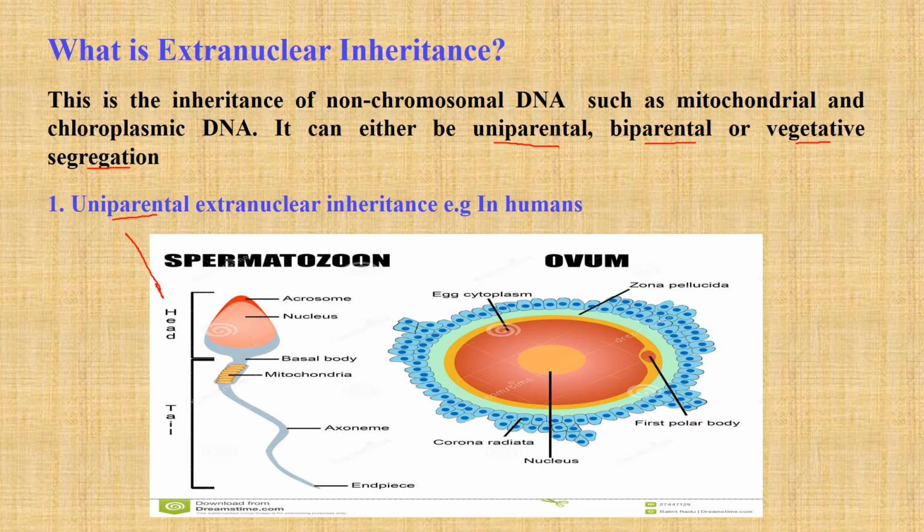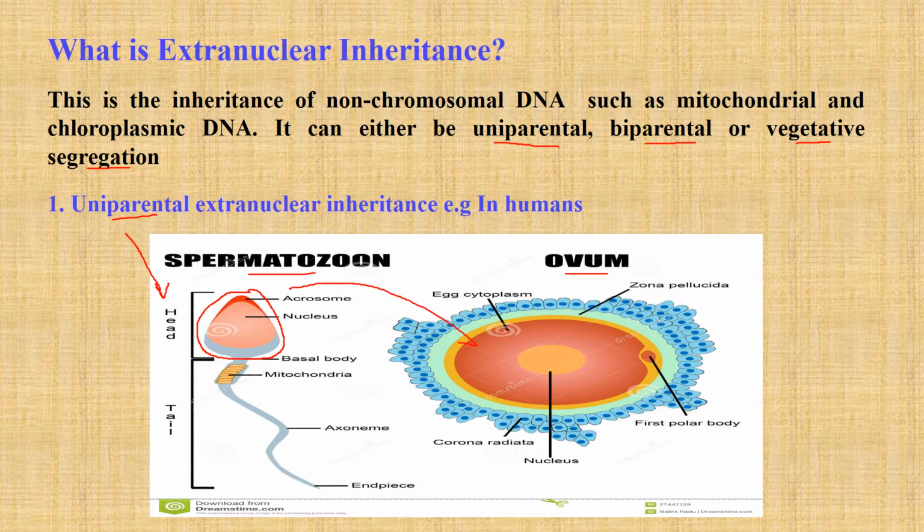This is in humans, we have fertilization. Here we have the spermatozoa or spermatozoon, and here we have the ovum. Now, during fertilization, only the head of the spermatozoa usually moves into the egg cell.